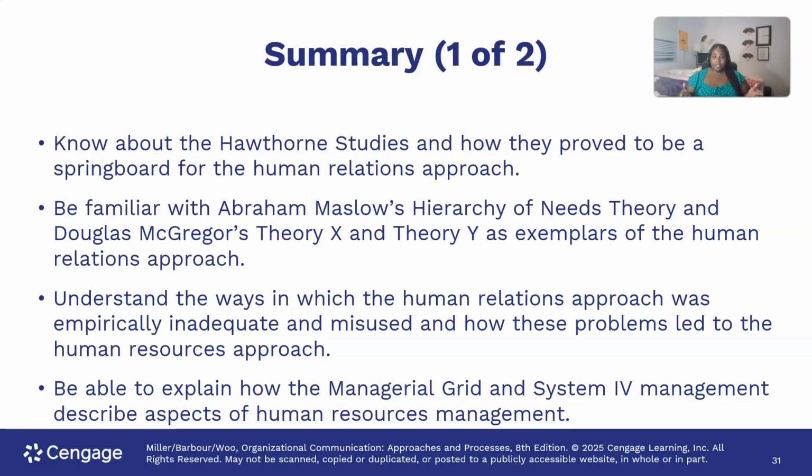The managerial grid talks about different aspects of human resources management and how some companies prioritize productivity over people and the satisfaction of their employees. Sometimes they might emphasize satisfaction too much and sacrifice productivity. So we're trying to get that just right, Goldilocks type of situation that helps both the organization and its employees.